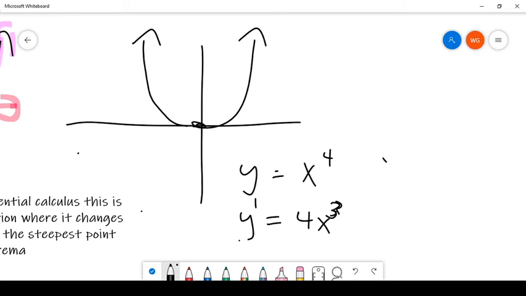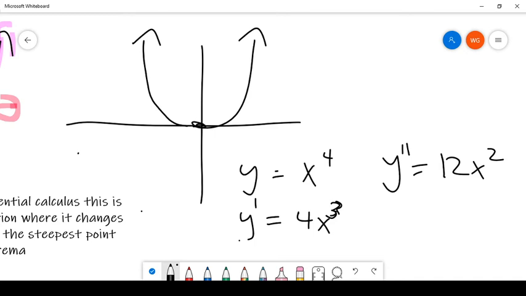If I was to take the second derivative of my function, I would find that that is 12x squared, okay? Now, here's the interesting thing. If I was to plug in 0 to my second derivative, I would find that at x equals 0, the second derivative also is equal to 0.